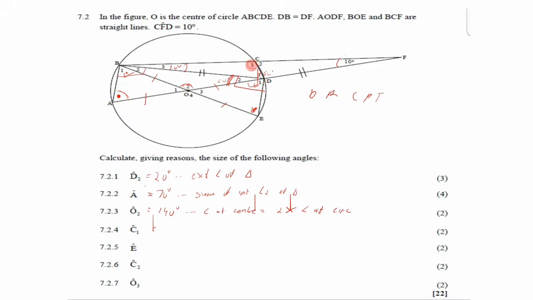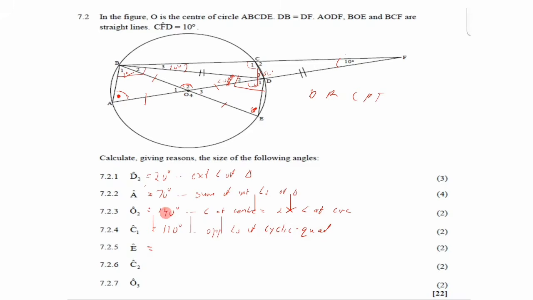Now we know opposite angles of a cyclic quad are supplementary. So A is 70, which means C1 must be 110 degrees. So the reason is opposite angles of cyclic quad.